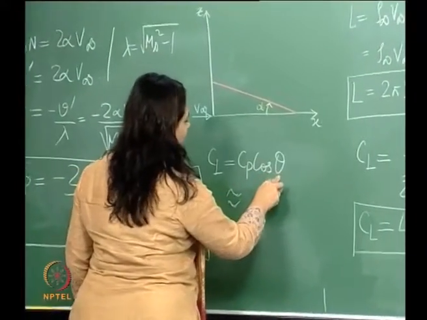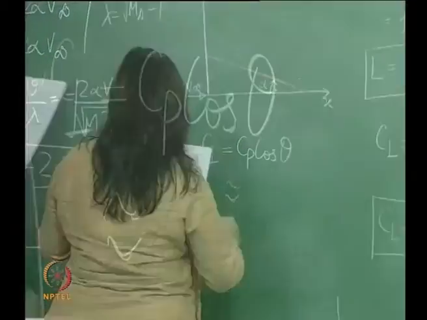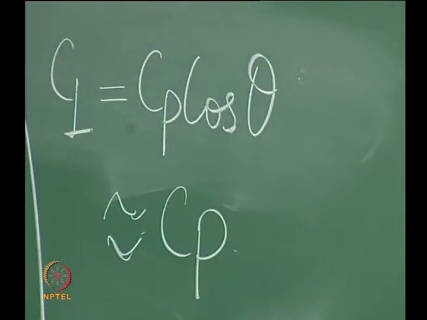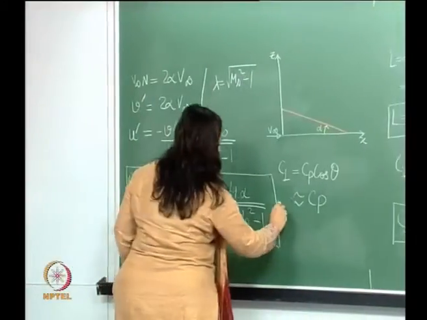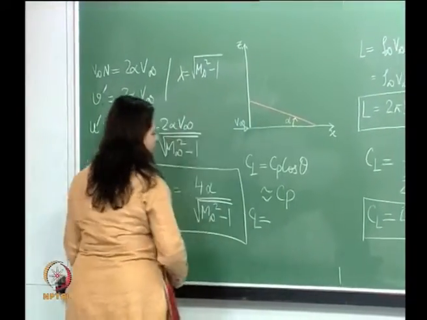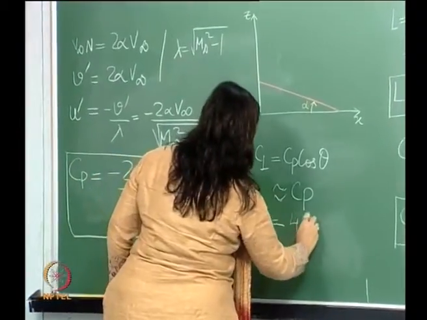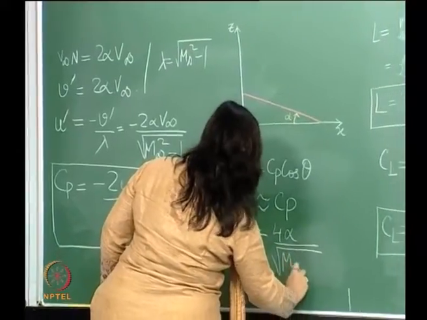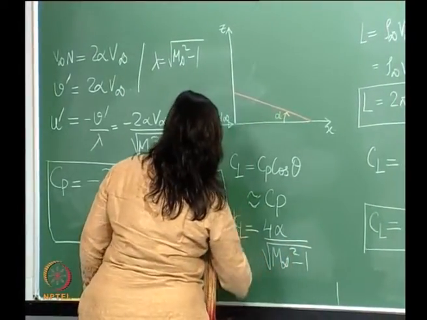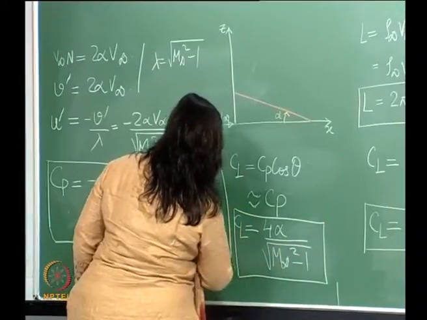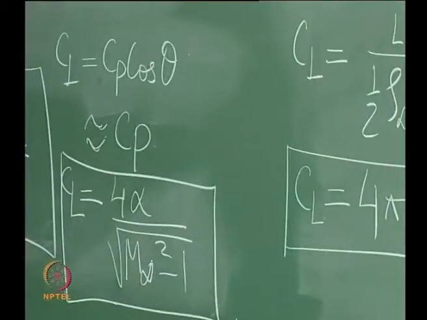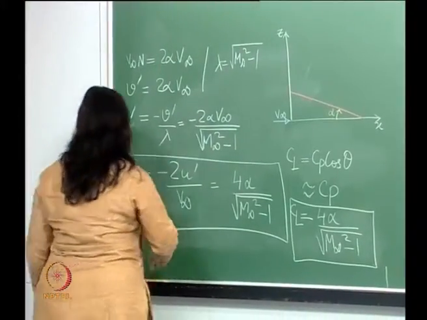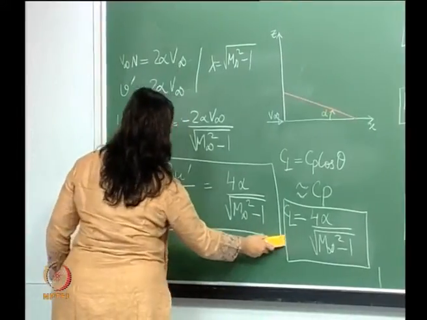Therefore, cos theta tends to 1, right. So, this becomes essentially Cp. Therefore, our CL for the supersonic case out here is 4 alpha using this.